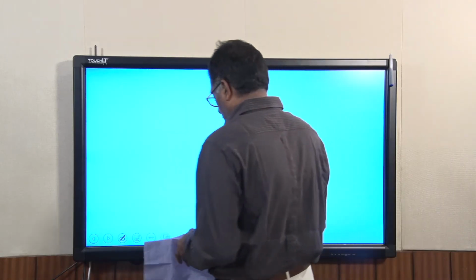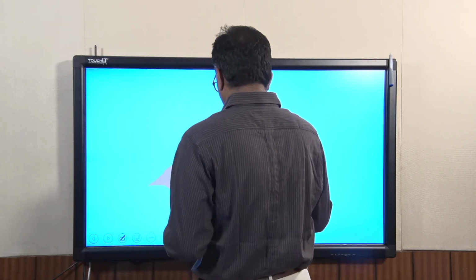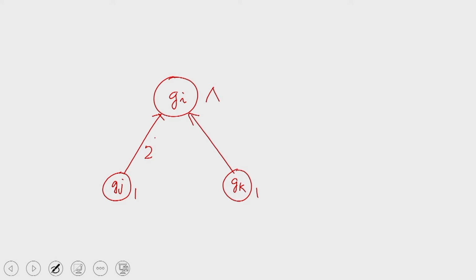So talking about the flow conservation, we can look at a few examples. Consider a gate Gi. Let us say this is an AND gate. Let us say it has inputs from Gj and Gk, where j and k are greater than I. Let us say both Gj and Gk evaluate to 1. If both of them evaluate to 1, then they would be putting out flows of 2 power j and 2 power k on these edges. So the total incoming flow into Gi is 2 power j plus 2 power k.